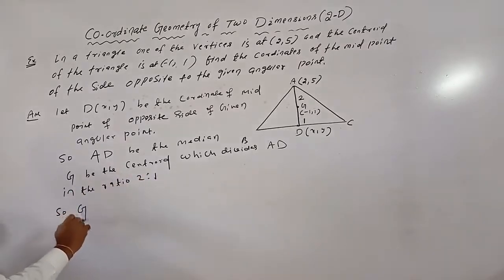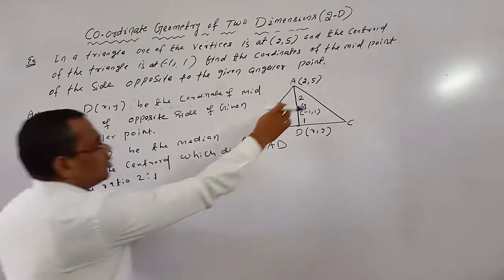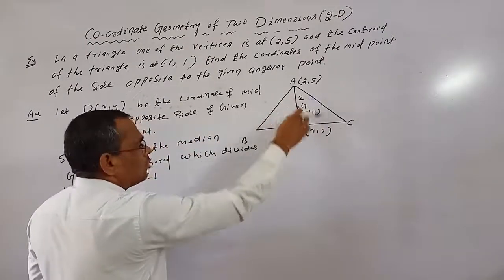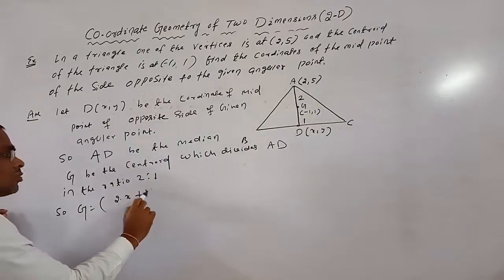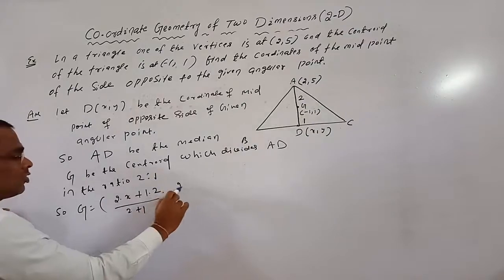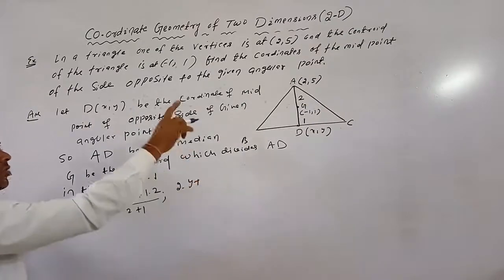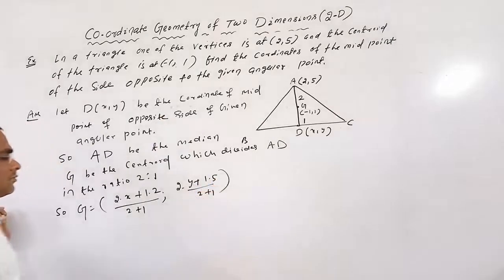So G equal to what? 2 into x plus 1 into 2 by 2 plus 1, comma 2 into y plus 1 into 5 by 2 plus 1.